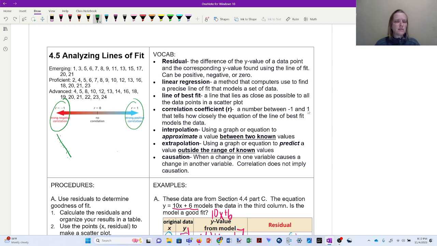And it doesn't have to be a steep slope. I'm going to draw this more shallow this time. But what it means is that the data are clustered really close to the line. The closer the R value is to 0, the more that means that there's no correlation between the X and Y values, that there's not a linear relationship.